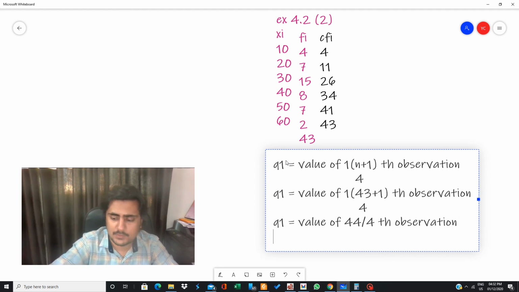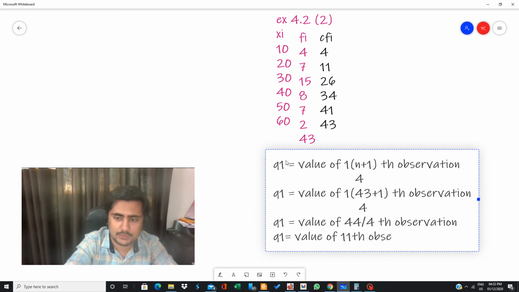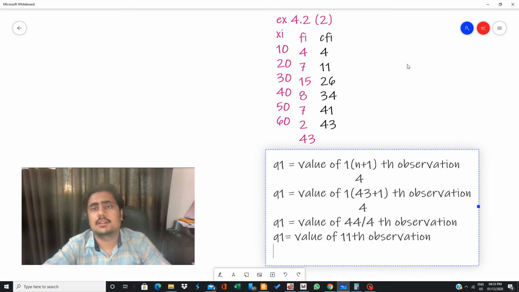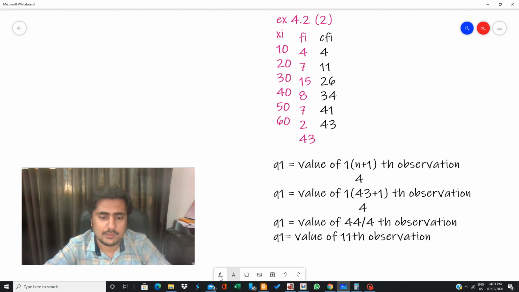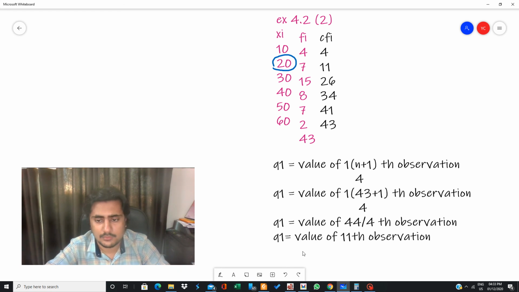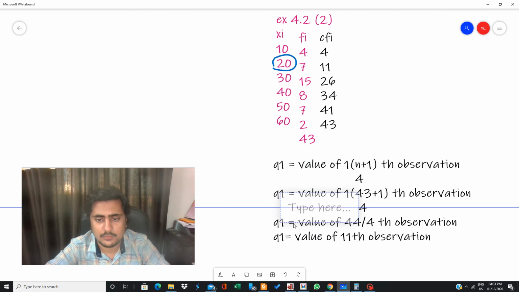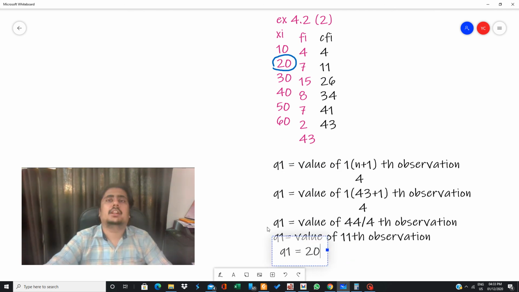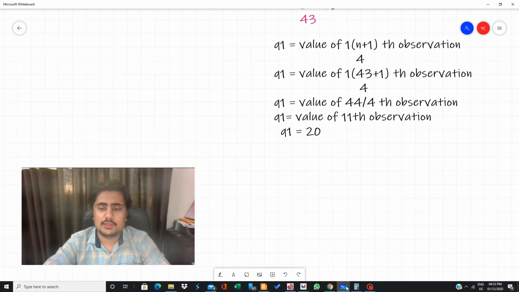So my Q1 will be value of 11th observation. Now what is this 11th observation? This 11th observation is 20. So my answer to the Q1 is 20. I hope now you are getting it, because we are doing the second sum of the same step.